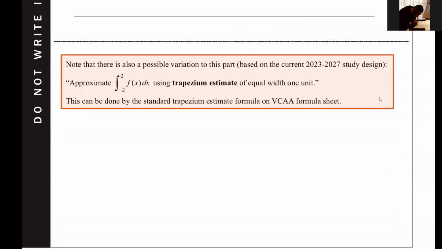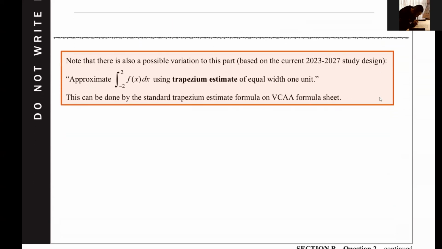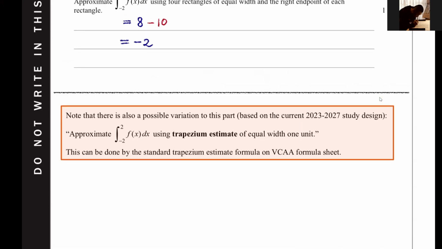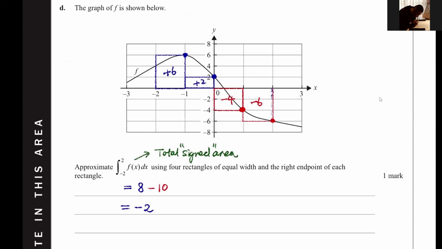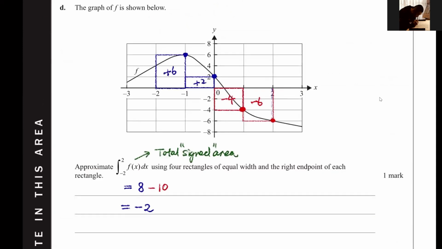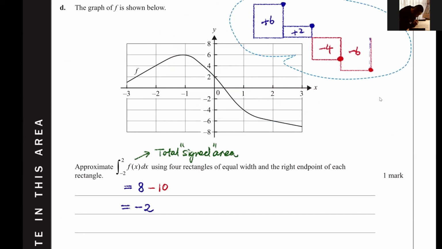Again, in regards to the current study design, we may want to approximate the integral from -2 to 2 of f of x dx using trapezium estimate of equal width 1 unit. Well, if that's the case, let me just put that away for a moment.